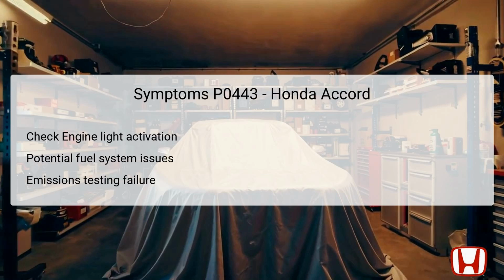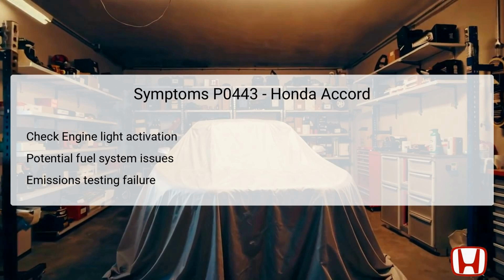When DTC P0443 is triggered, several symptoms often accompany it. One of the most immediate and noticeable signs is the activation of the check engine light, an alert from the vehicle's onboard diagnostic system. This can lead to a perception of declining performance if fuel vapors are not being managed correctly, potentially resulting in power loss at higher speeds.